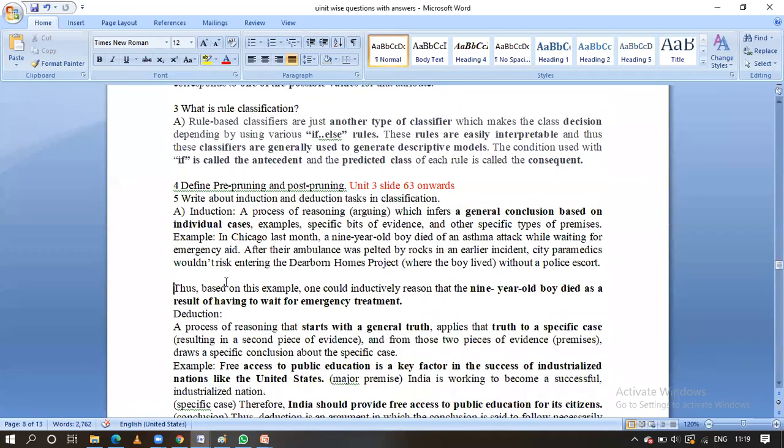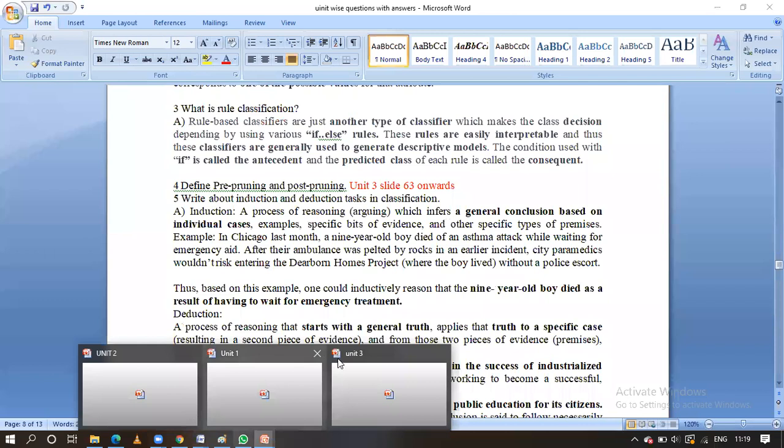The next one is pre-pruning and post-pruning, guys. We discussed this in unit 3, slide 63, almost at the end. What is meant by pruning?